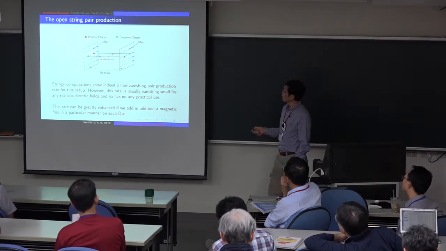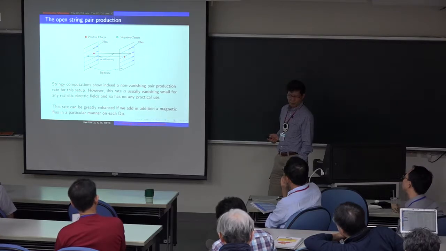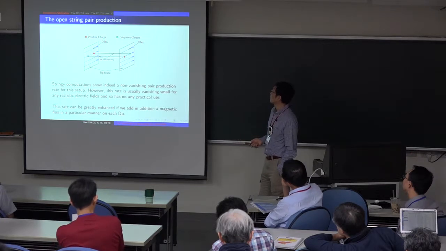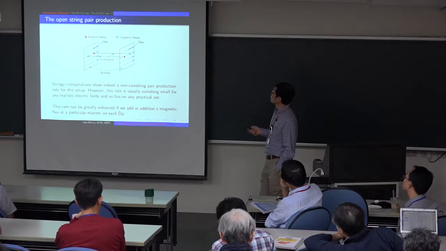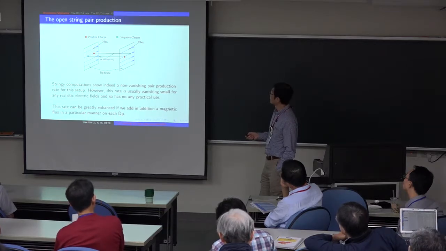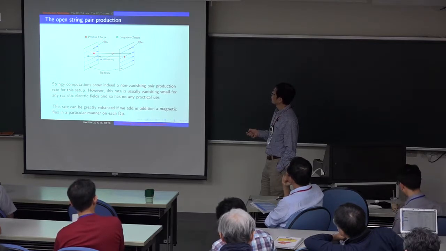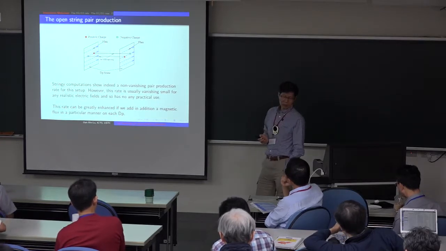For example, if the electric flux on this brane is larger than this one, once a virtual pair of open spin is created due to quantum fluctuation, the electrical force acting on this end will be larger than this end, so this virtual open spin will be pulled towards the inside of the spring.